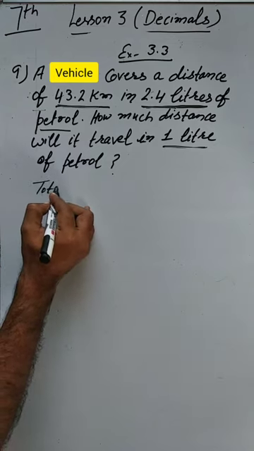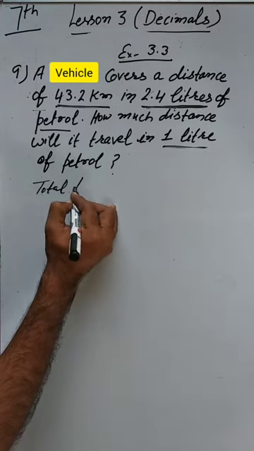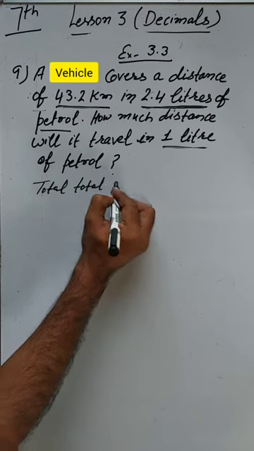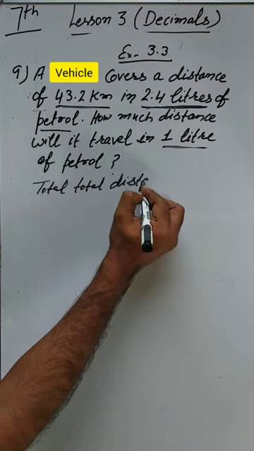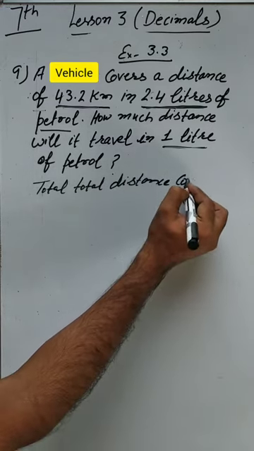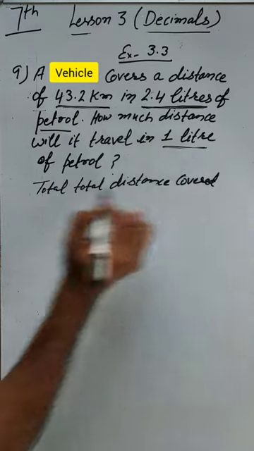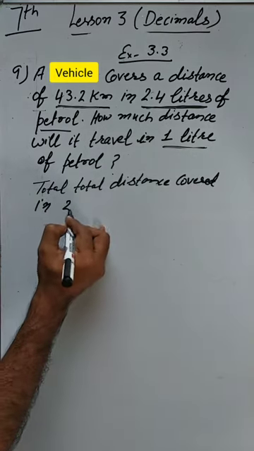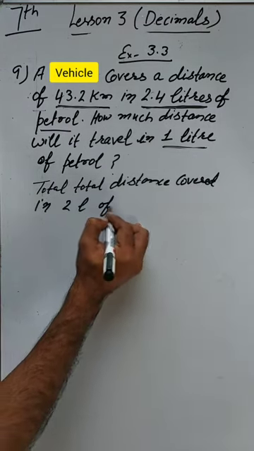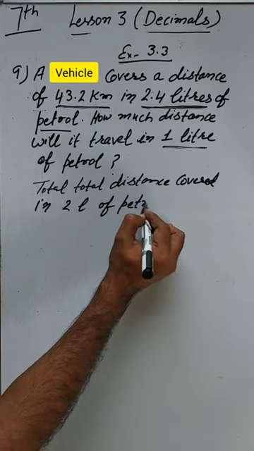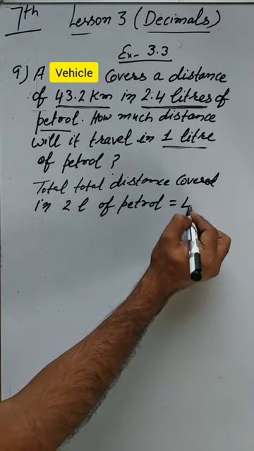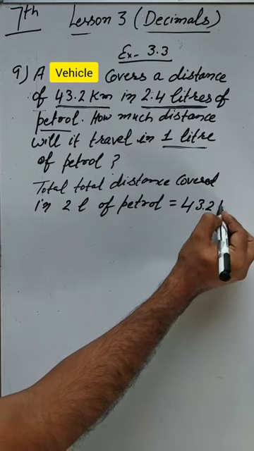Now, total distance covered in 2.4 liter of petrol, that is, beta, 43.2 kilometer.